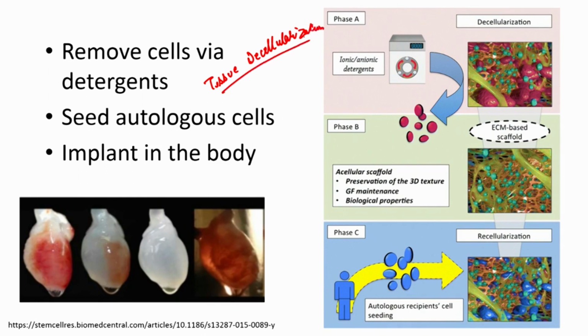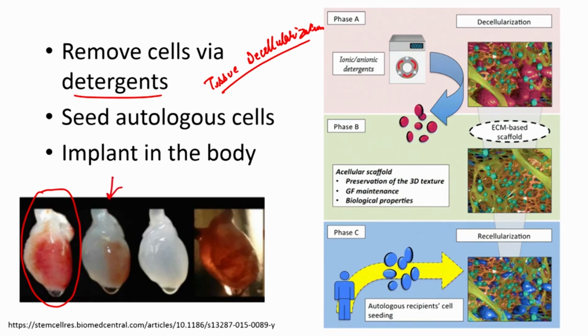What I discussed is, let us say you get an organ from a donor or from an animal, you can treat it with reagents such as detergents and other cytolytic detergents, which will essentially remove all the cells.